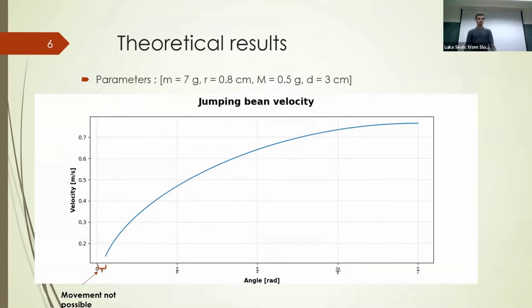On the left bottom side, we can see where movement is not possible, and this is because there's not enough energy for the bean to rotate in the rotating phase. It should be noted, however, that movement is not realistic if the angle is too large, and the reason for this is that it is very hard to provide enough friction to prevent slipping.